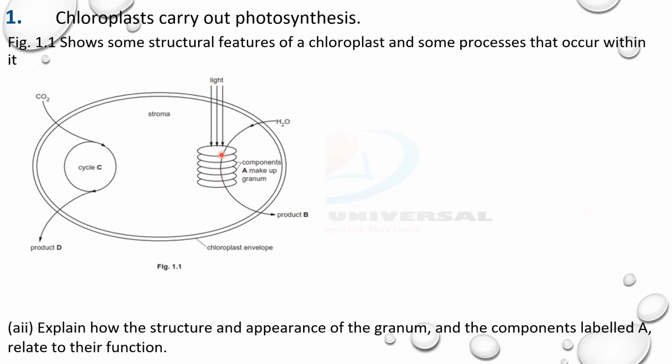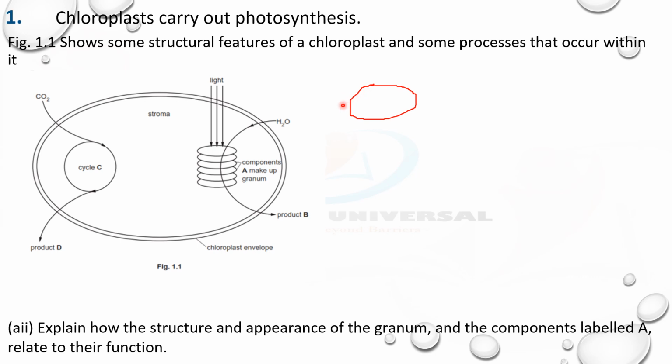Don't forget also that the granum consists of thylakoids, and the thylakoid is actually a folded membrane. This thylakoid membrane is embedded with photosynthetic pigments arranged in light harvesting clusters called photosystems.